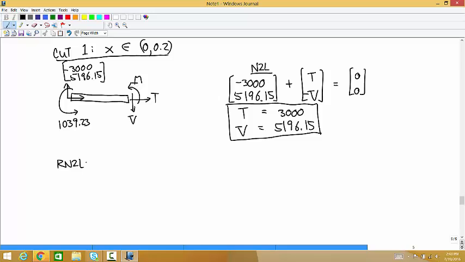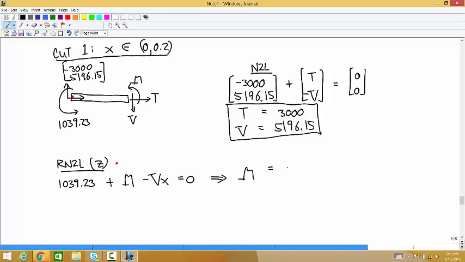And the moment equation about the z-axis, we have the couple of 1,039.23. The force at the left doesn't produce any moment. Then we have plus M minus Vx is equal to 0.